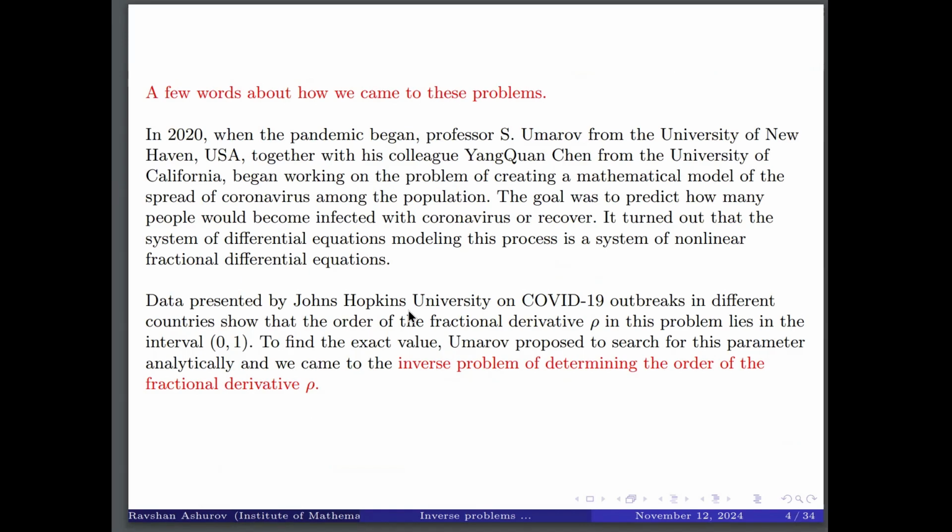And data presented by Johns Hopkins University on COVID outbreaks showed that this parameter rho lies in this interval 0, 1. To find its exact value, Umarov proposed to search for it mathematically, analytically, and we, together with Umarov, started to solve this problem.